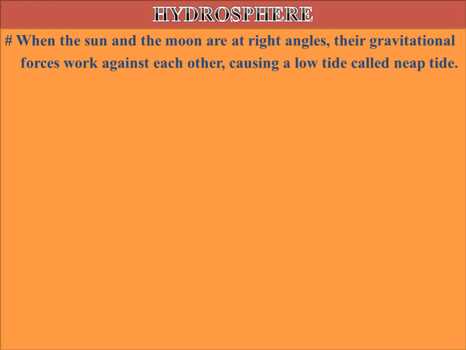When the sun and the moon are at right angles, their gravitational forces work against each other, causing a low tide called neap tide. A neap tide occurs between two spring tides, that is, twice a month, when the first and last quarter moon appears.